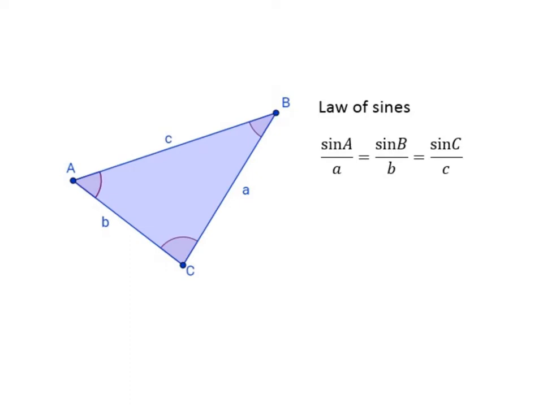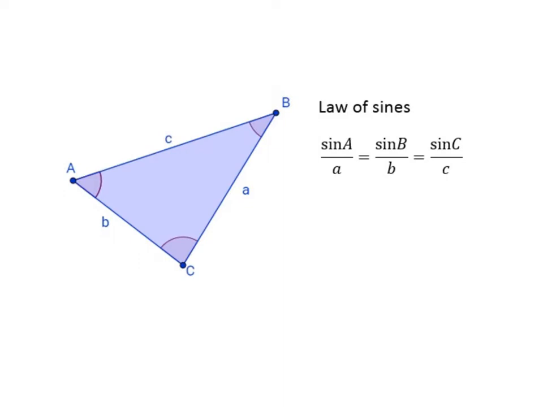So depending on the information we have, we could use law of sines to find some missing values. If I've got this angle and this side, I can set up a ratio of those two, and then if I have any other angle or side, I can solve for missing pieces.